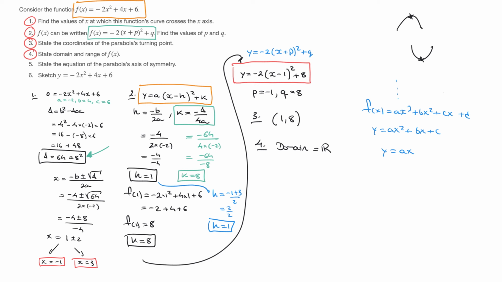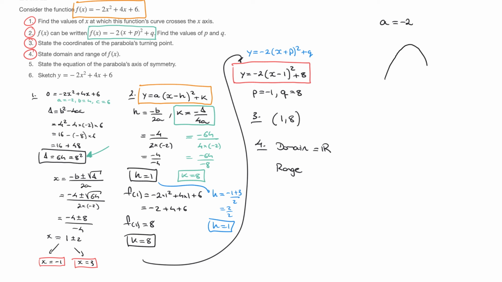For the range, on the other hand, here you gotta think carefully. Let me just erase that again. For the range, since we know that this particular parabola has a leading coefficient a, which is equal to negative 2, that tells us that we have a concave down parabola, or if you wish, an unhappy parabola.